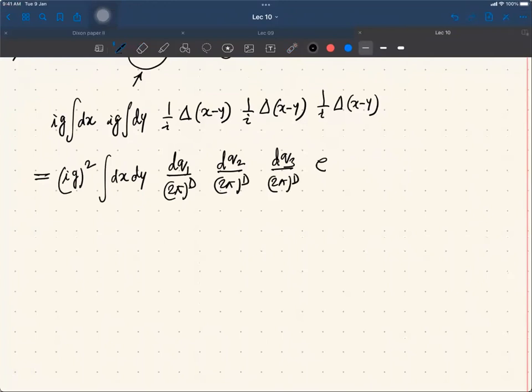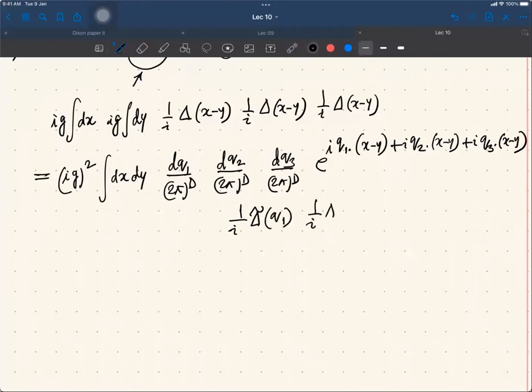And then the phases in the propagators are i q1 dot (x minus y) plus i q2 dot (x minus y) plus i q3 dot (x minus y). Then 1 over i delta tilde q1, the momentum space expression for the propagator, 1 over i delta tilde q2, 1 over i delta tilde q3. Right?